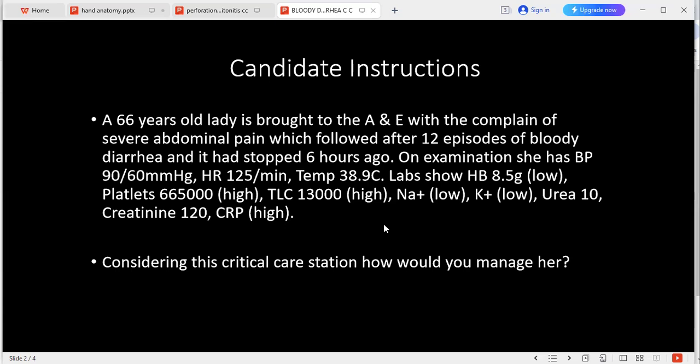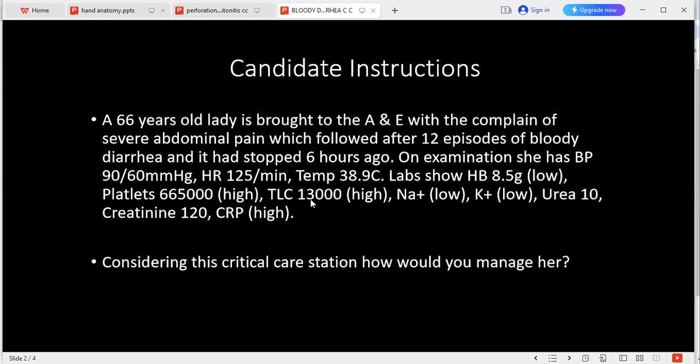The probable differential diagnosis would be ischemic colitis or inflammatory bowel disease, like ulcerative colitis or Crohn's disease, or any other infective colitis, and there could be carcinoma of the colon.